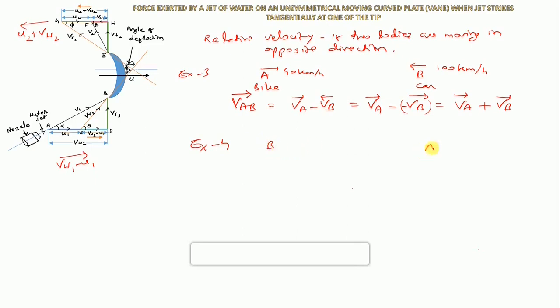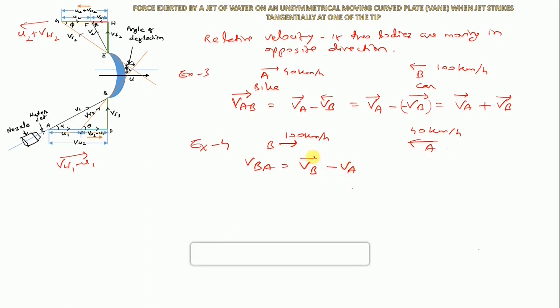Okay, suppose we shift the positions of A and B in example 4. Here is B, here is A. B is moving with velocity 100 km/h and A is moving in the opposite direction, like this, at 40 km/h. So in this case, the velocity of B with respect to A is equal to VB minus VA.